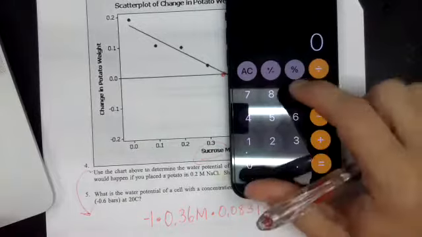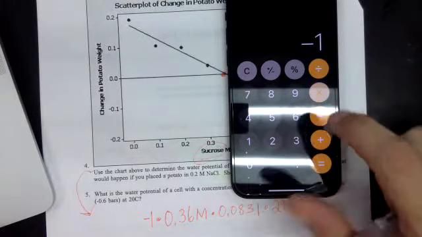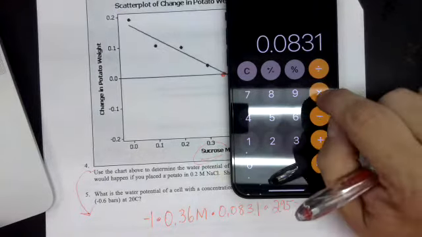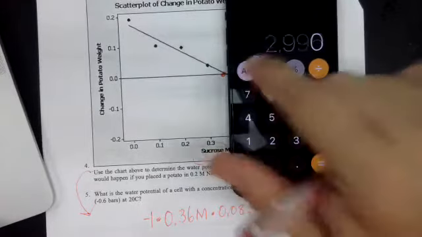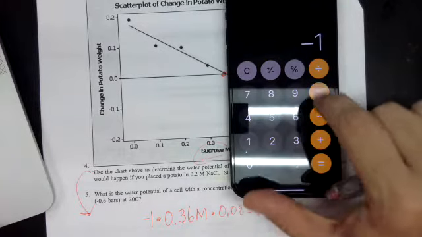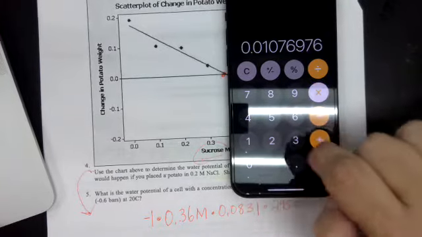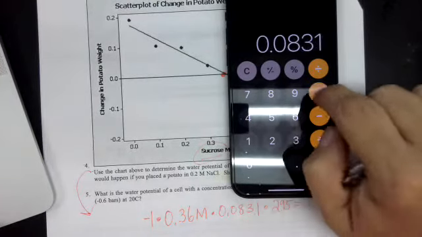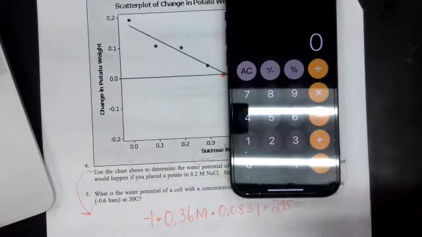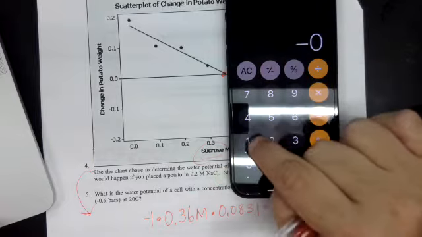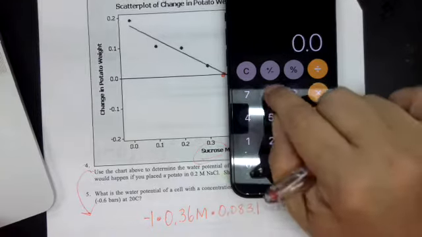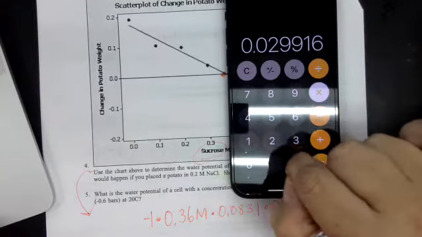-1 times 0.36 times 0.0831 times 295. Oops, that's too many nines. That's wrong. -1 times 0.36 times 0.0831 times 295.